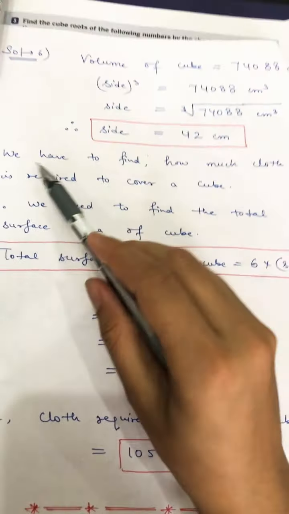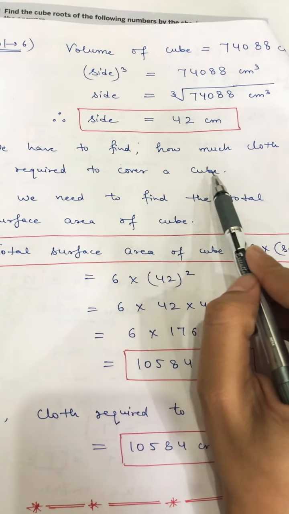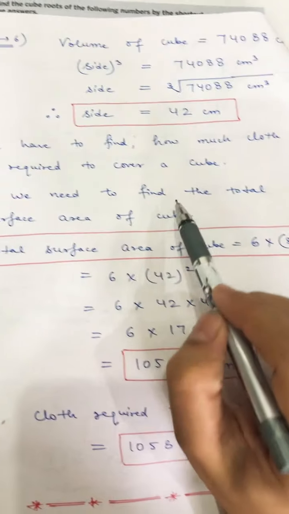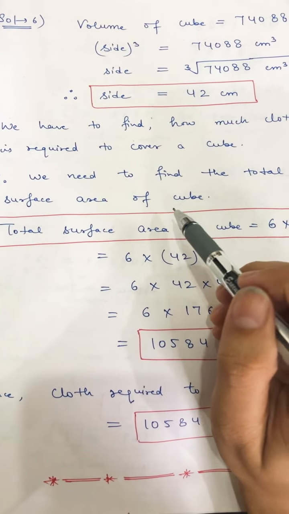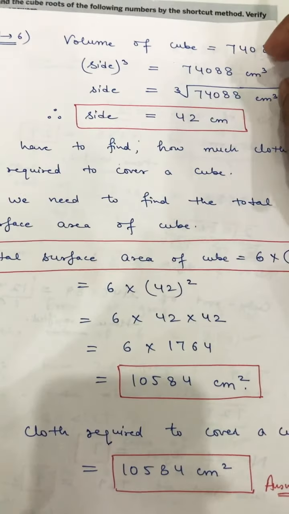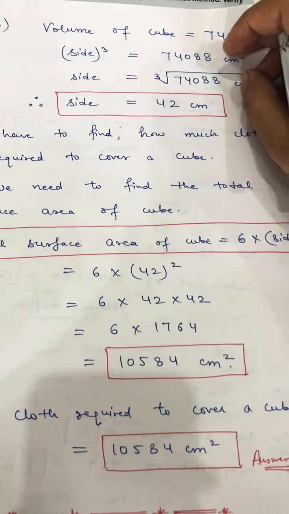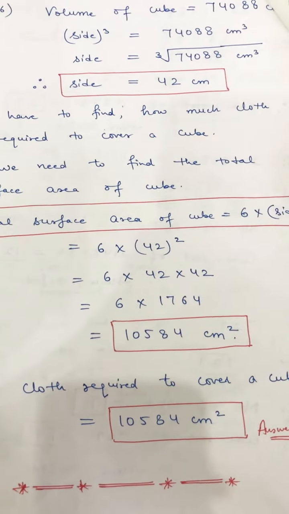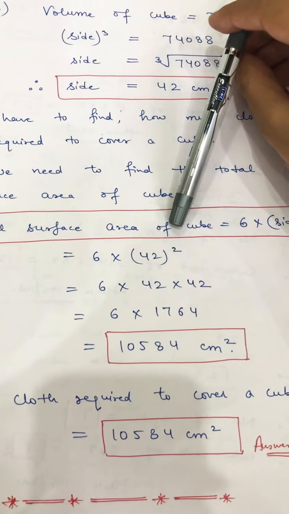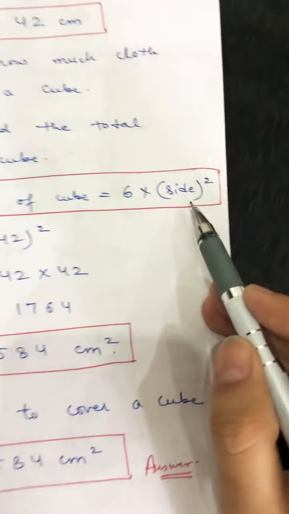Now they're saying we have to find how much cloth is required to cover the cube, so we need to find the total surface area of the cube. Just now I told you that if you have to find how much cloth, paper or gift cover is required to wrap a shape, you just have to find the total surface area. The total surface area of a cube is 6 into side square.